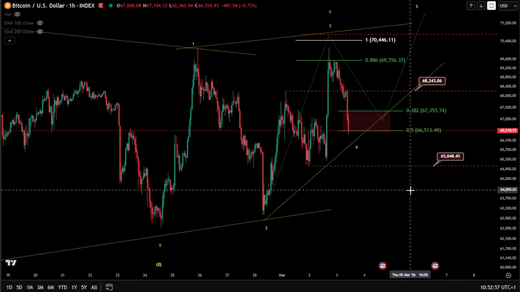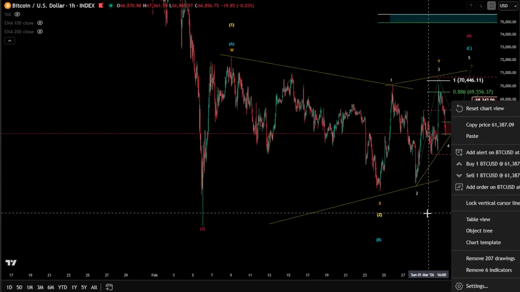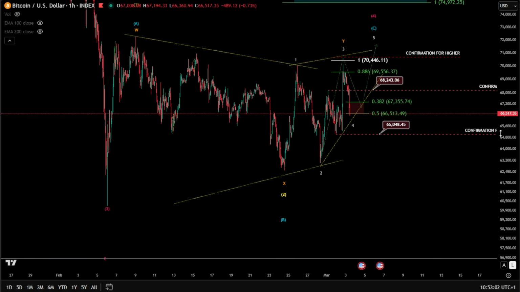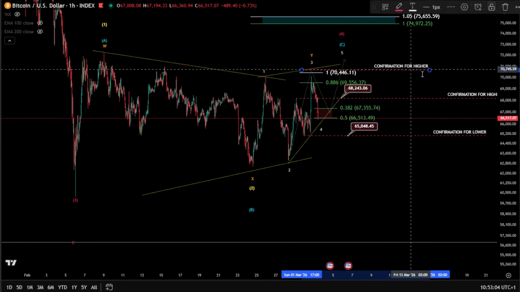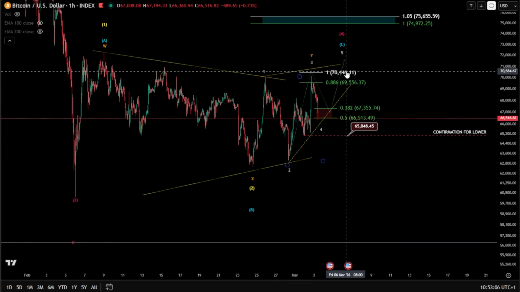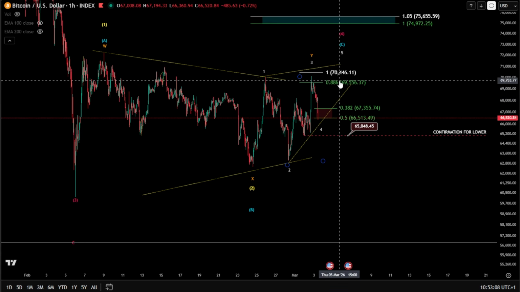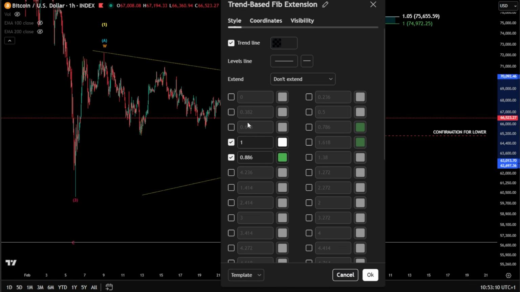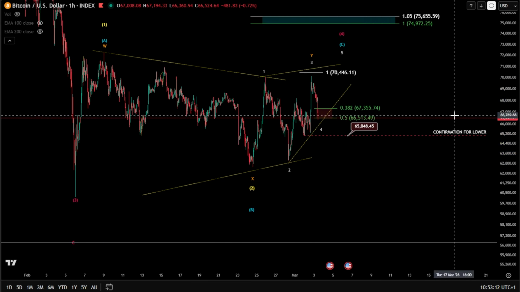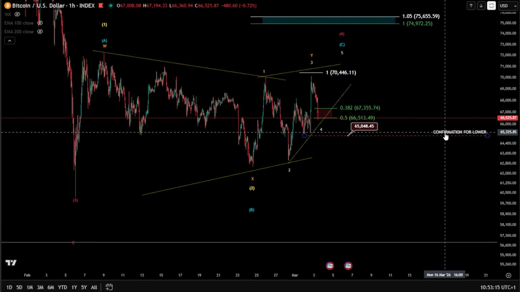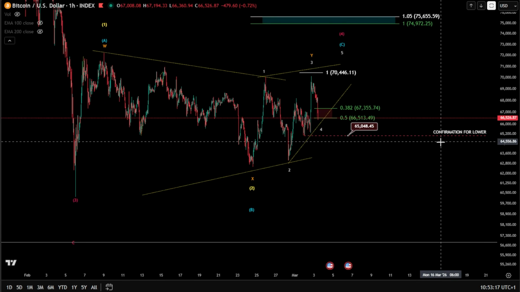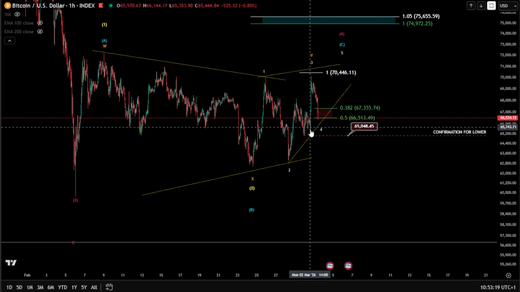A condition for this, or I would say a key level for confirmation that this might happen, is the following. I'm gonna remove all my confirmation here, make it also less for us. I'm gonna just keep the 1-to-1 here. Confirmation for lower, I would say, is of course taking this low.